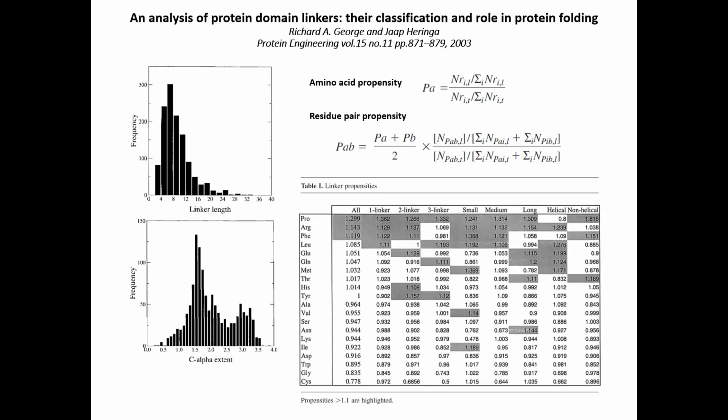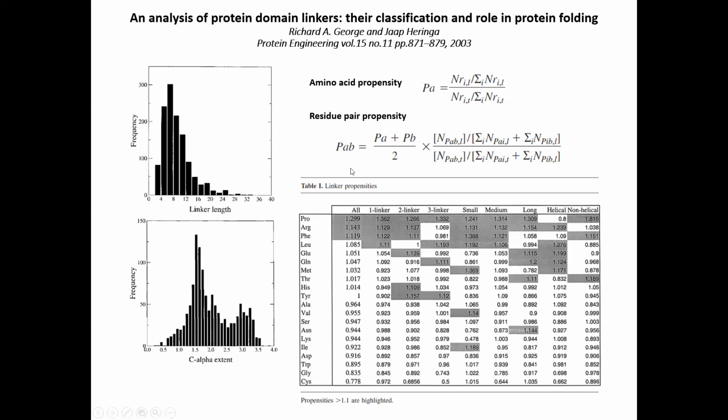The linkers were divided into several sets based on their lengths and also classified by the number of linkers involved in connecting two domains. The linker propensity is described by a relation where PA is the propensity of the amino acid i, NRi in L is the number of amino acid type i in the linker set L, and NRi in T is the number of amino acid type i present in the full protein set, respectively.